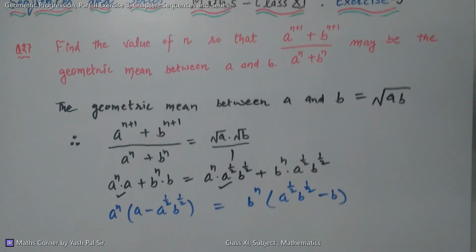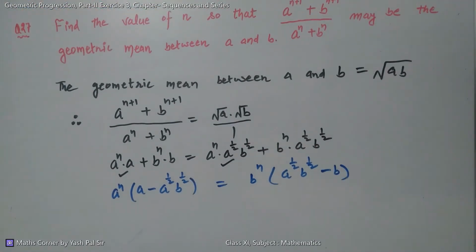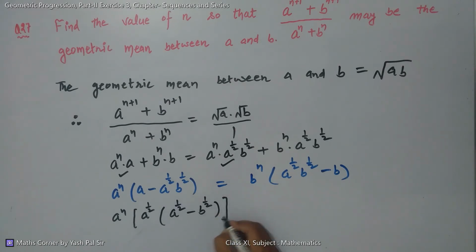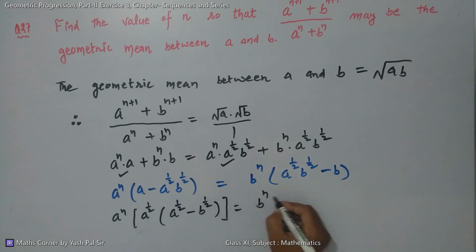Further, what we do, we write this as a^n into, again taking a raised to power 1/2 common, so we are left with a^(1/2) minus b^(1/2), right hand side also b^n.